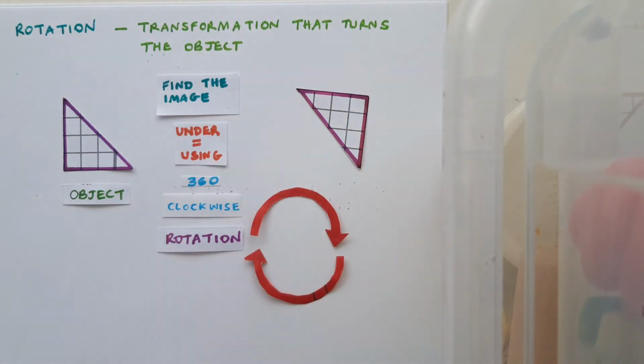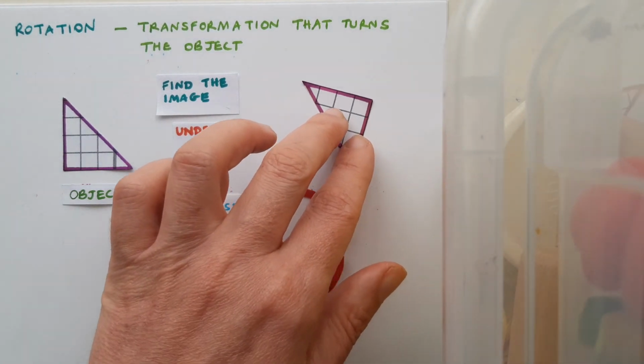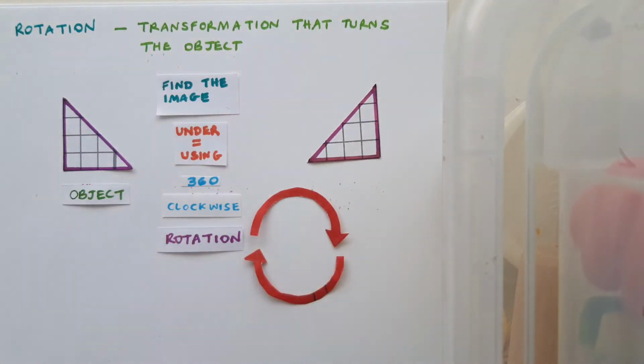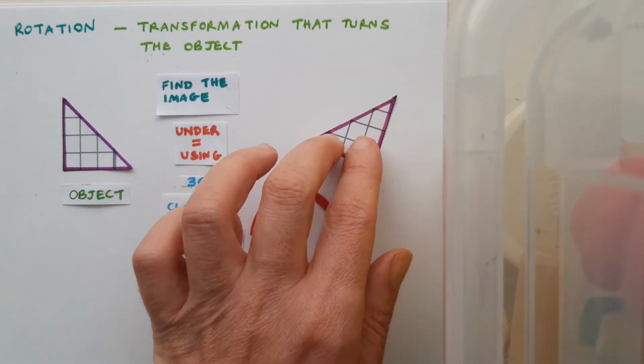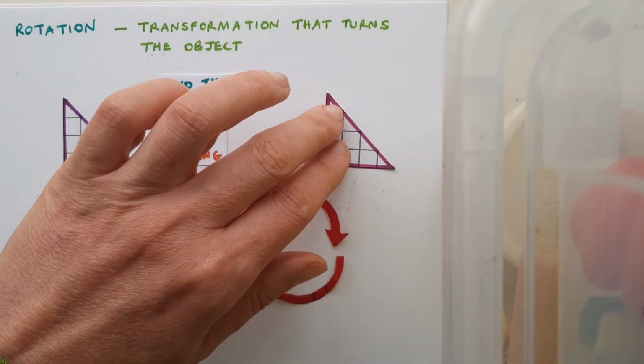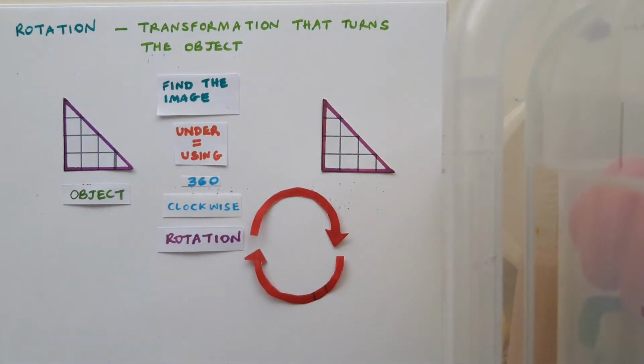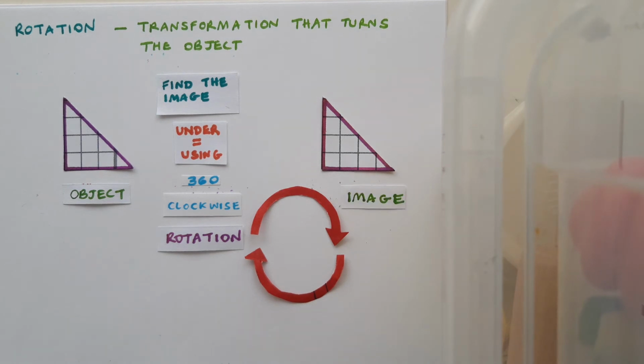So I've turned through 180 now. And then I turn through another 90. So I'm at a 270-degree rotation. And then I turn through another 90. And here's my image in this case. And you'll notice that the image looks exactly like the original object. It's made a full turn, so it's facing back in the same direction again.